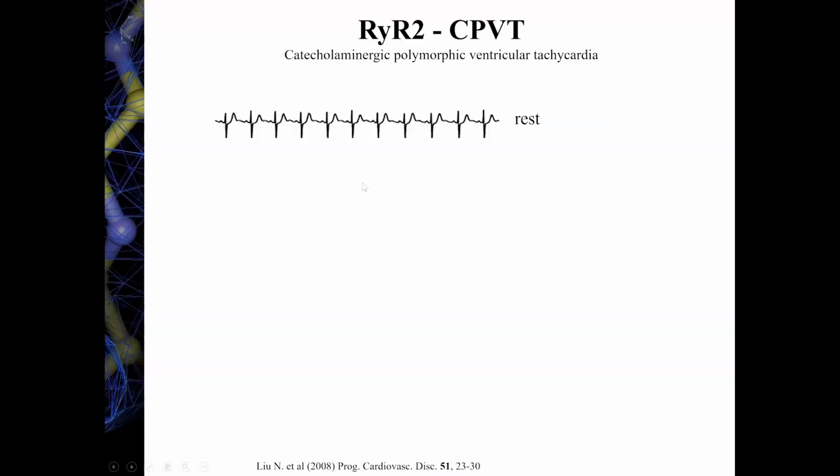What you're looking at here is an electrocardiogram from a patient who is at risk of sudden cardiac death. The patient has a genetic condition. It's called CPVT, or catecholaminergic polymorphic ventricular tachycardia. So that's a mouthful. But essentially, if you measure an electrocardiogram from such a patient under resting conditions, it actually looks quite normal.